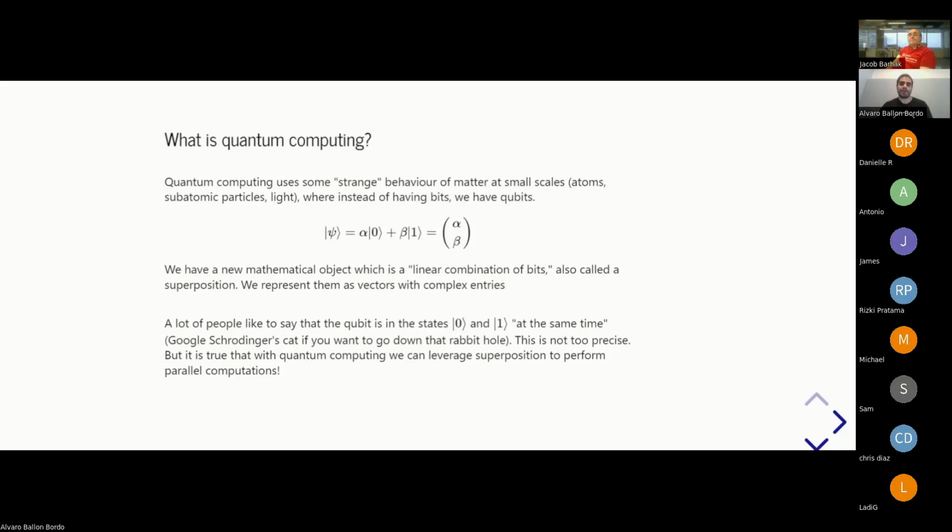It's just that matter at small scales behaves in ways that are not very intuitive to our brain, and it's also not very precise to say that it's 0 and 1 at the same time. It is just a new object, and this new object is a vector, and this is the way in which we model nature at those scales. So that's it. Take it at face value. I don't know why it works. It works. No one understands why it works, but it works.